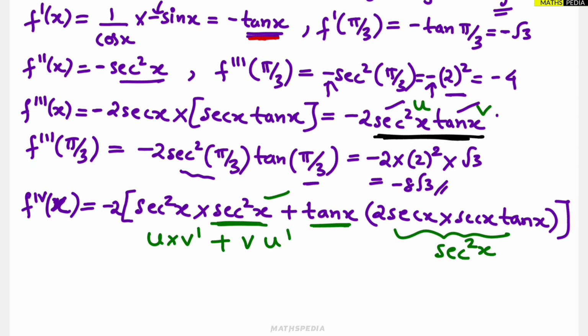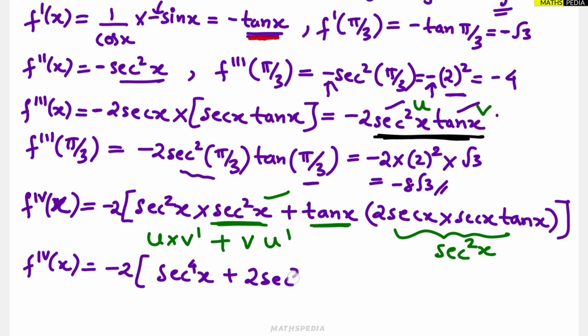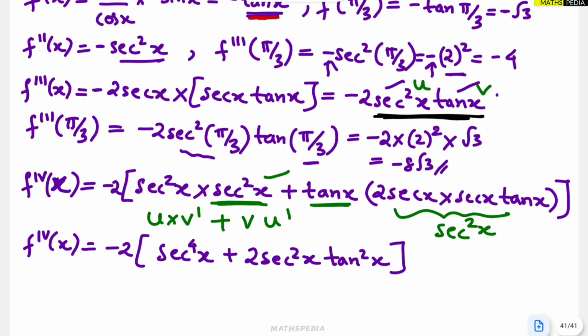Now we'll simplify this part. So minus 2 outside: sec power 4 x plus 2 sec square x into tan square x.